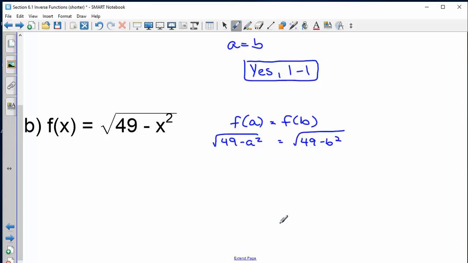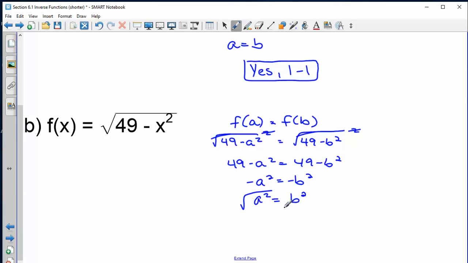If I'm going to solve for a, what would we do? Square each side. So we have 49 minus a squared equals 49 minus b squared. Then what do we do? Subtract the 49. Divide by negative 1. To get a by itself, now I square root.